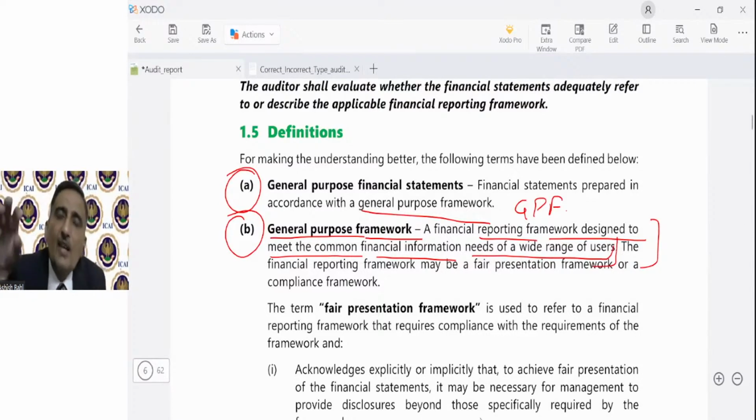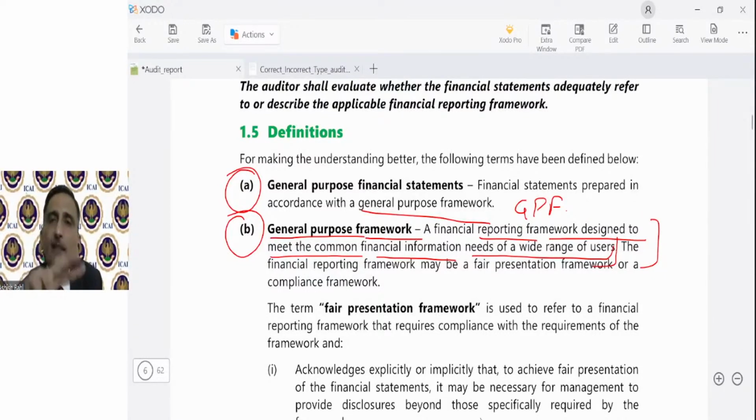Now, what is a general purpose framework? A general purpose framework is the financial reporting framework designed to meet the common financial information needs of a wide range of users. कई टाइप के यूजर हो सकते हैं, उनकी नीड्स को ध्यान में रख के जो फाइनेंशियल रिपोर्टिंग फ्रेमवर्क बनाया गया है या बनाया जाता है, उसको जनरल पर्पस फ्रेमवर्क कहते हैं.